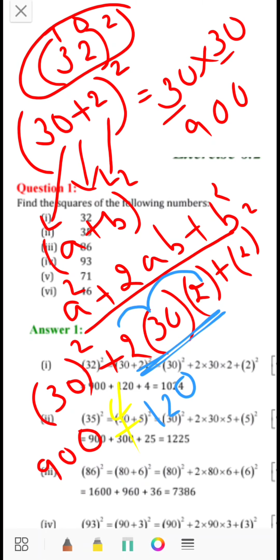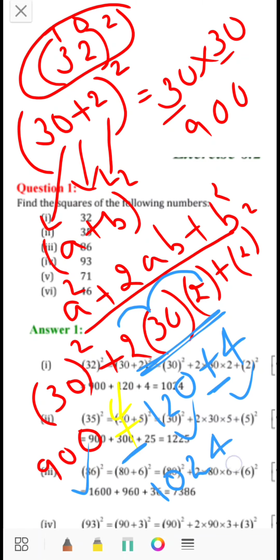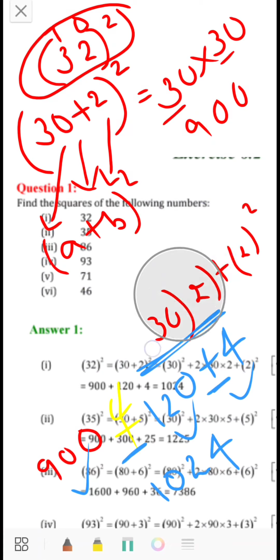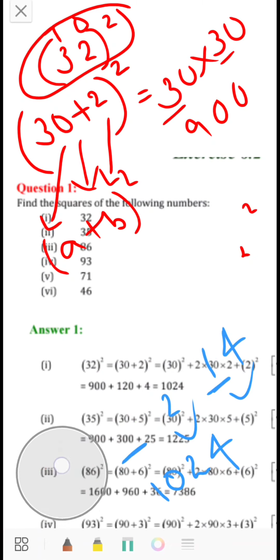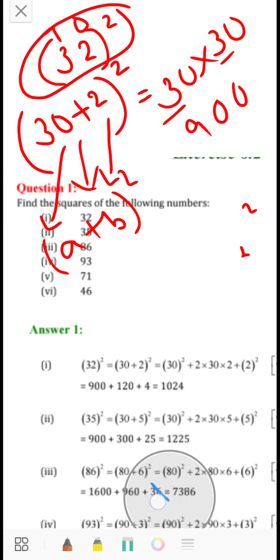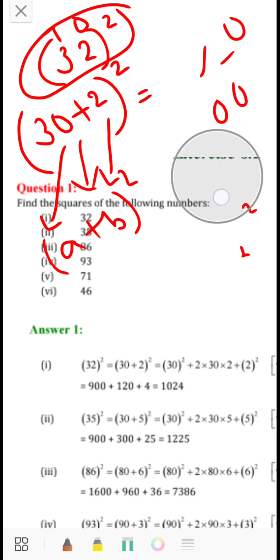Plus, this sign will be as it is, and 2 square means 2 twos are 4. Now just observe this mathematical operation. This is addition, so simply you will add all these numbers and you will get the answer, that is 1024. This is how you will find the square of the given number without actual multiplication.